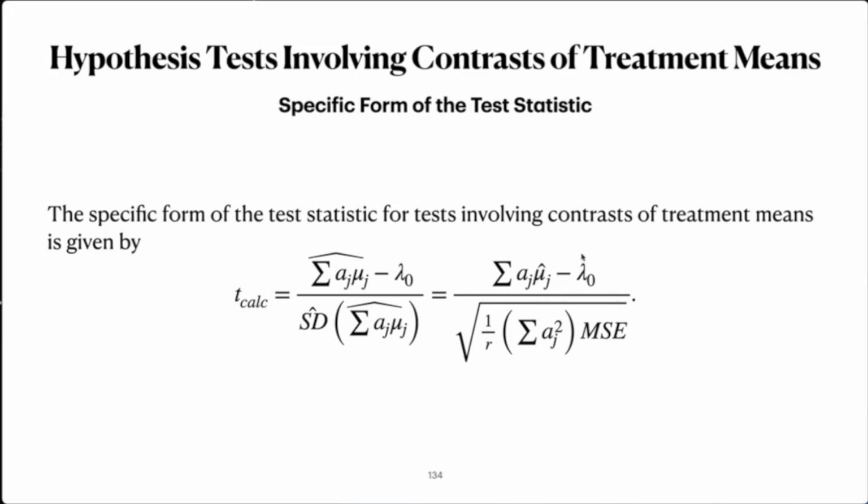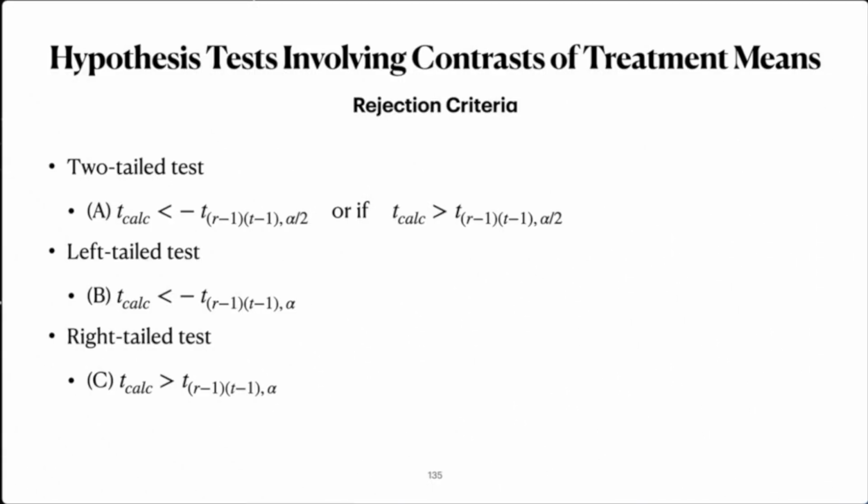From that, we subtract off the hypothesized value of the linear combination, and then we divide that by the estimated standard deviation of that estimated linear combination, which is equal to the square root of 1 over r, being the number of blocks, times the sum of the squared A sub j's, times the mean squared error from the ANOVA table. And then we have the usual rejection criteria involving critical points from the t-distribution with degrees of freedom equal to r minus 1 times t minus 1.